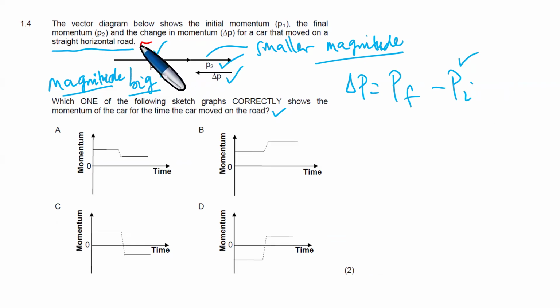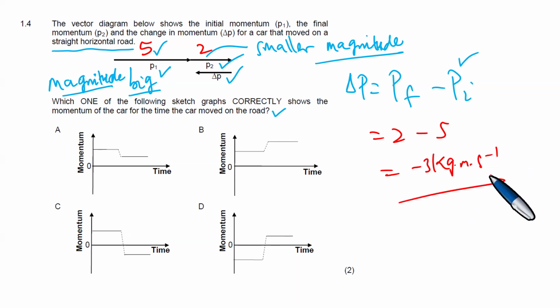Suppose it is 5. In this one, it is 2. Then the final momentum is 2, the initial momentum is 5, and therefore the difference is minus 3. Obviously, it's kilogram meters per second, the SI unit of the change in momentum.